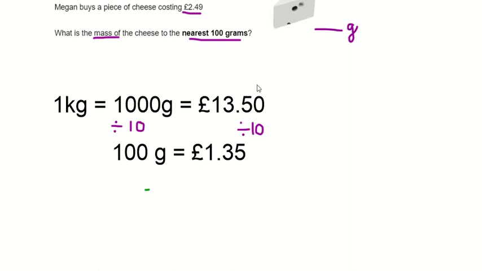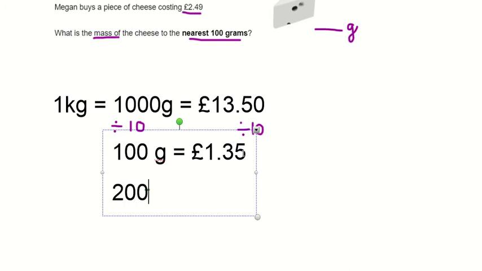Okay, so I know 100 grams is £1.35, but she has spent £2.45. So I need to get closer. That's not close enough for my liking. So I'm going to think then, what would 200 grams cost me? Well, if I double £1, that's going to be £2. Double 35, double 30 is 60, double 5 is 10. So that's going to be £2.70.